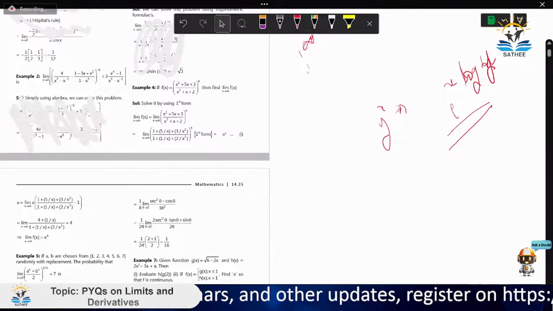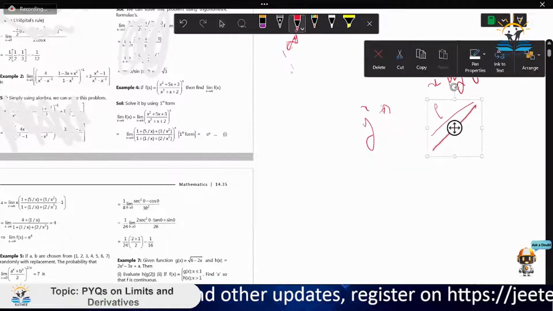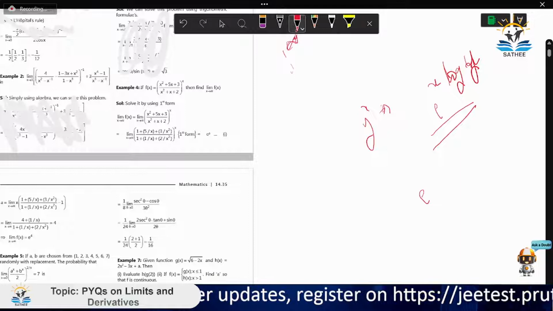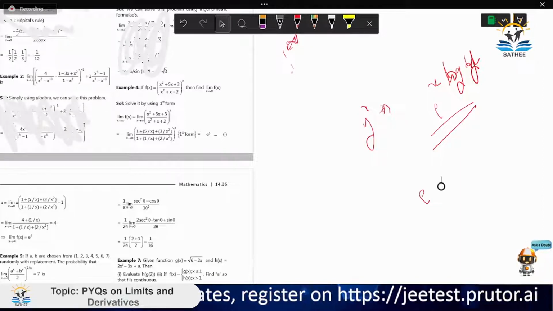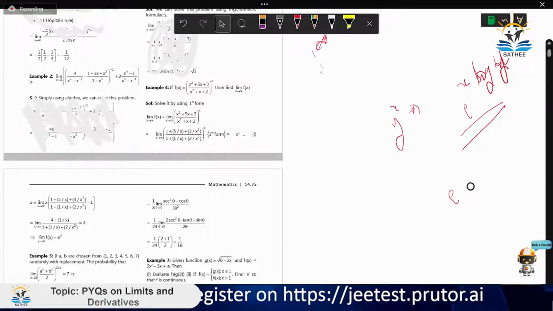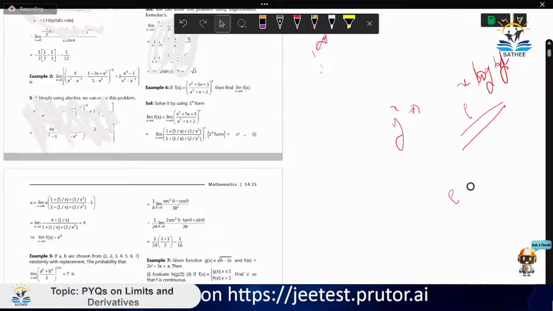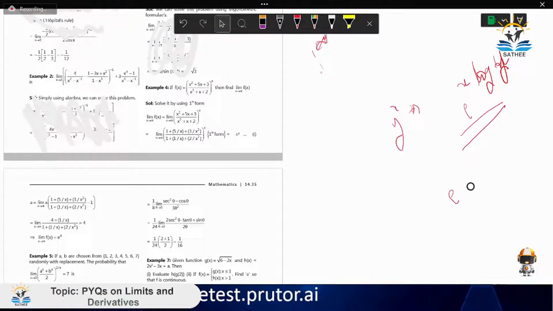And this can also be written as e to the power, just give me a minute. Yes, this can also be written as x times this expression.